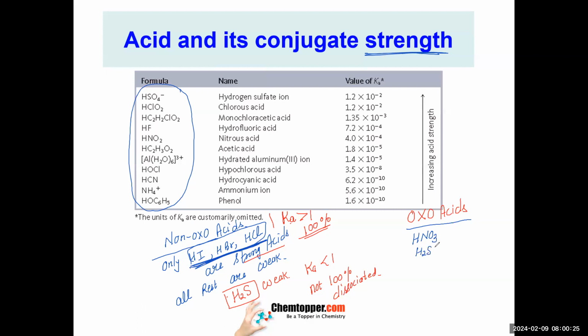H2SO4, sulfuric acid. HClO4, perchloric acid. HClO3, chloric acid. Oh, these are four only, sorry. 4 plus 3, I was combining these two. So these are the four oxo acids. Can you memorize them? Which are strong.